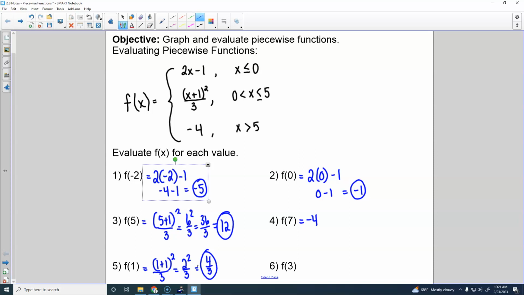And 3 also falls in that middle category, so we would have 3 plus 1 squared over 3 equals 4 squared over 3, so 16 over 3 for that.